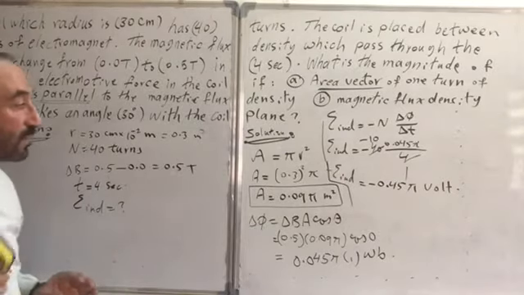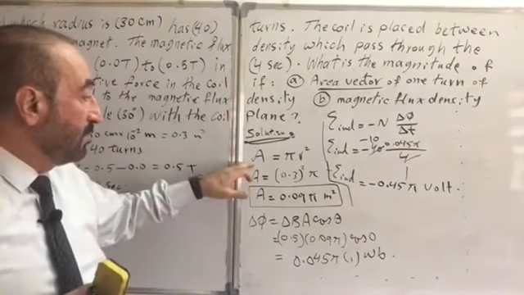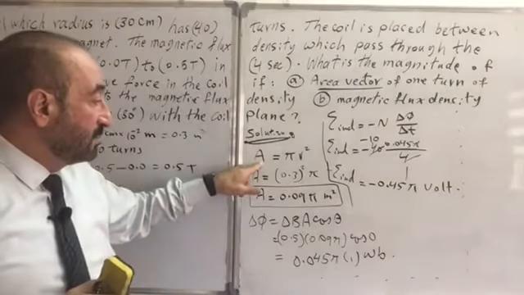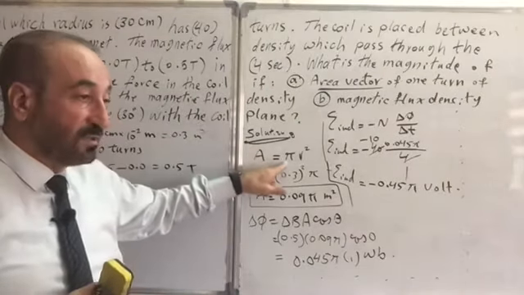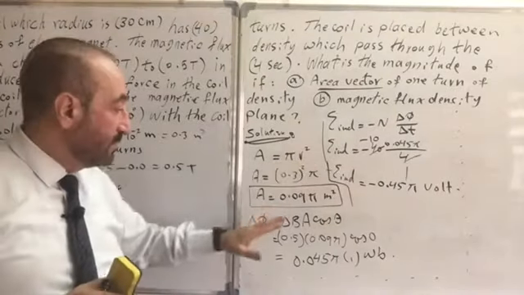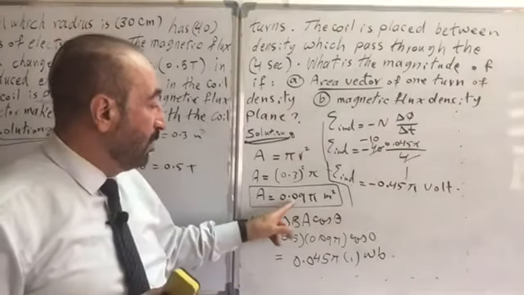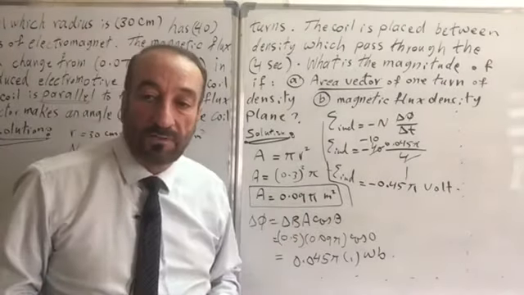We solve by first finding the area of the turn as a circle, pi r squared, and the result is 0.09 pi meter squared.